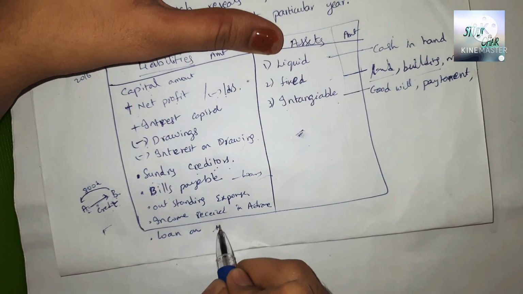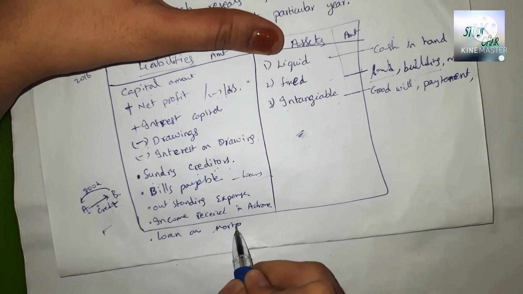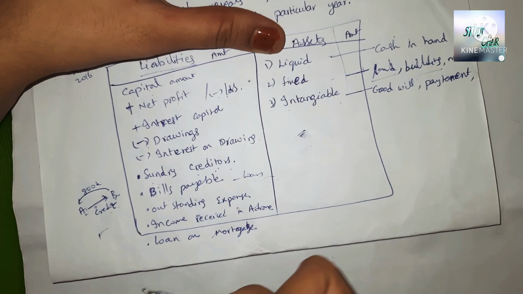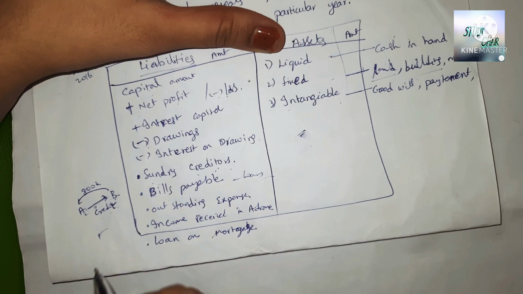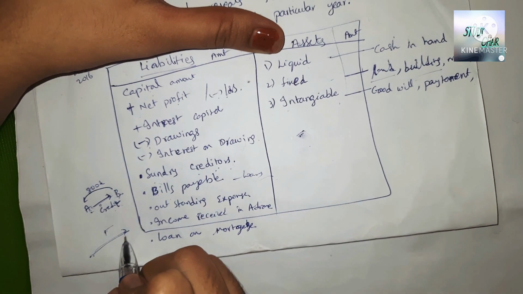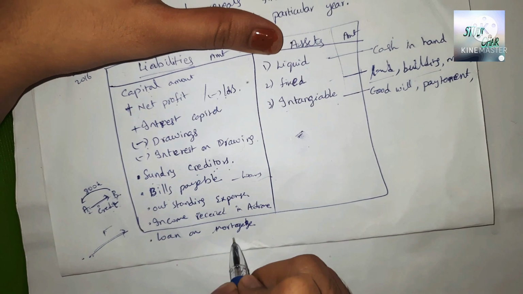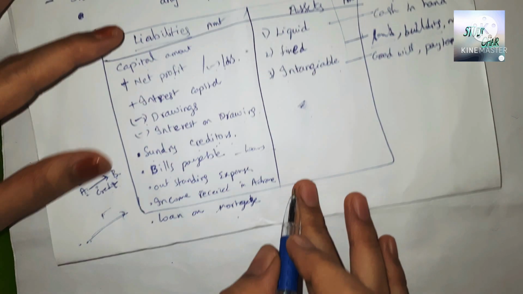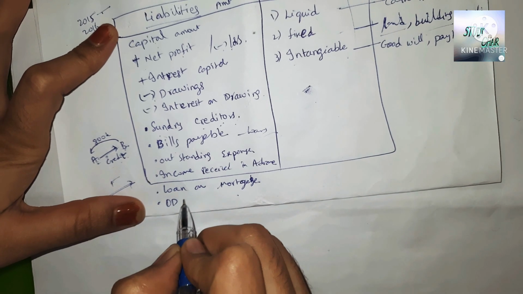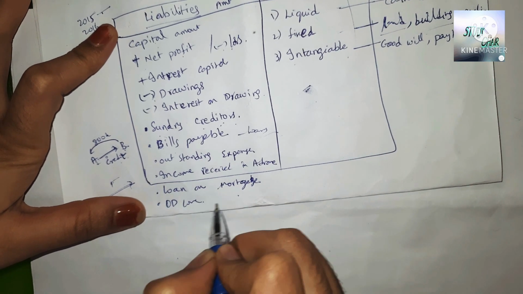That means if you have a building, then you get a loan on the basis of the building documents. You put the building documents for surety, then you take the loan. That is called loan on mortgage. And then bank loan or OD also come under liabilities.